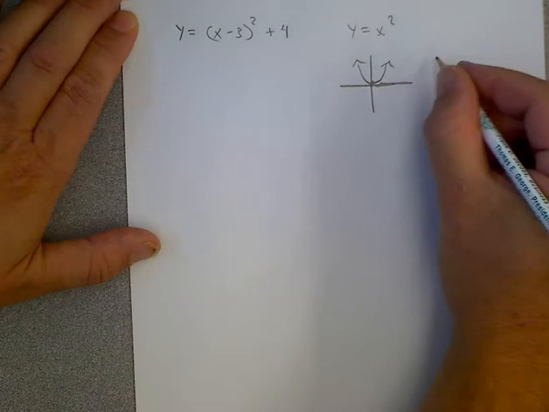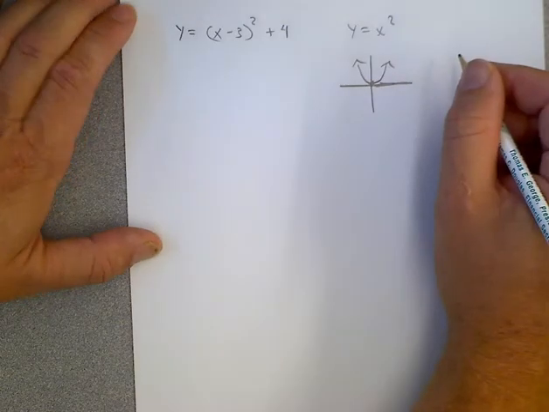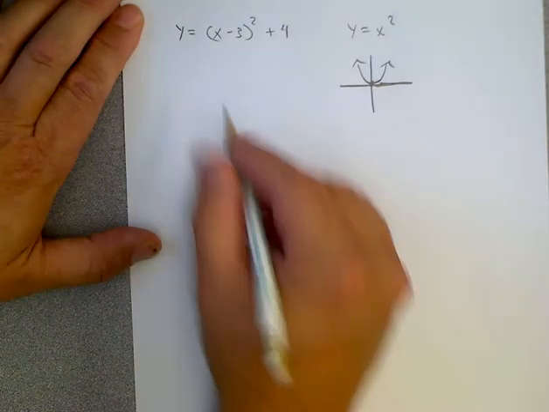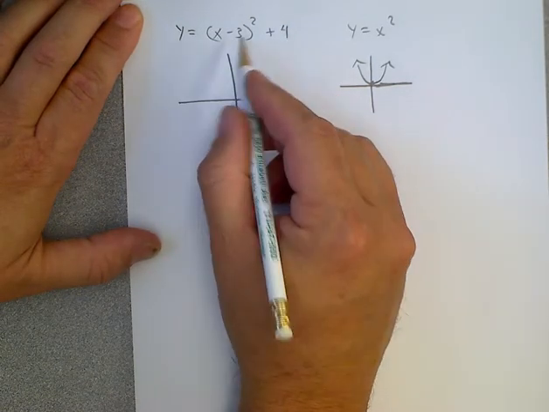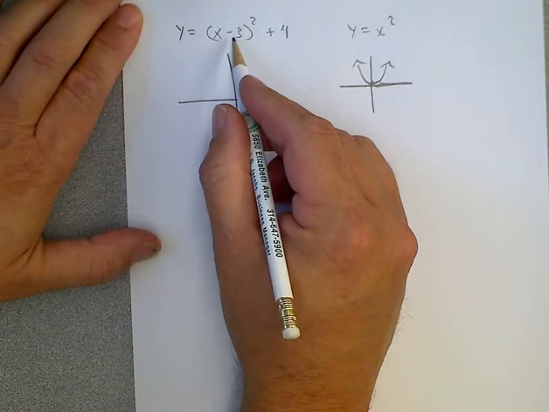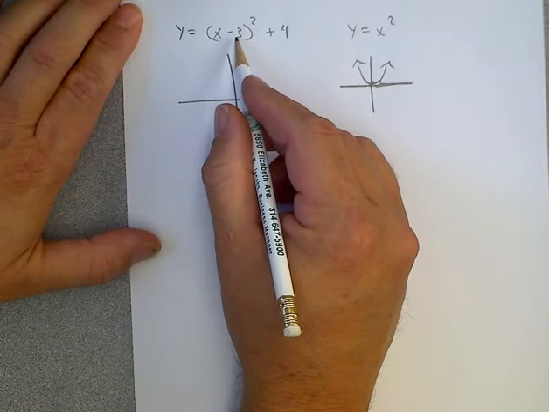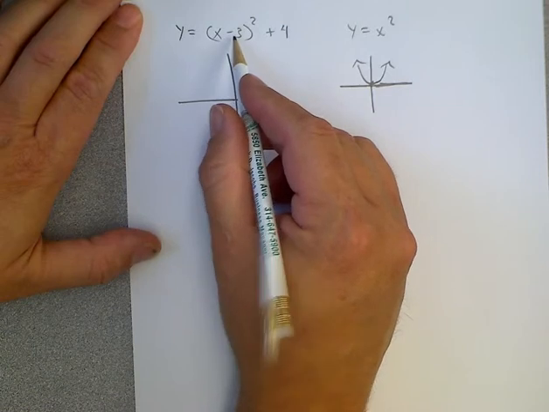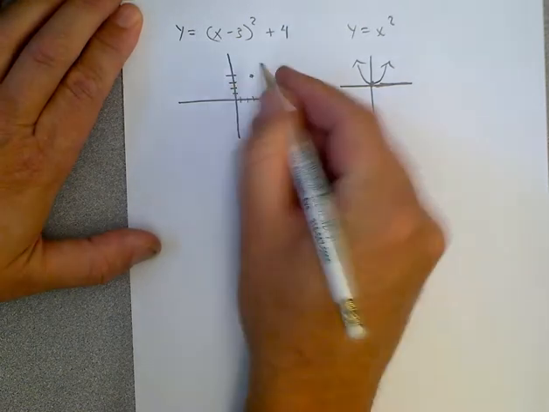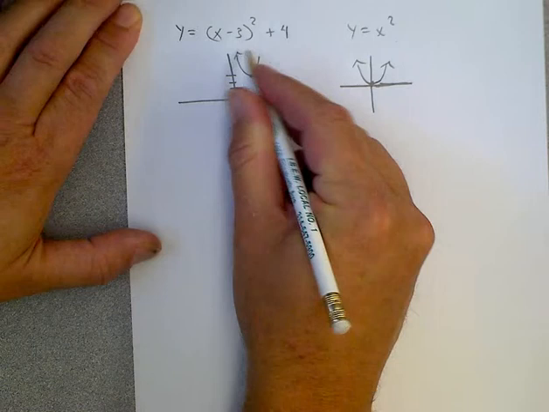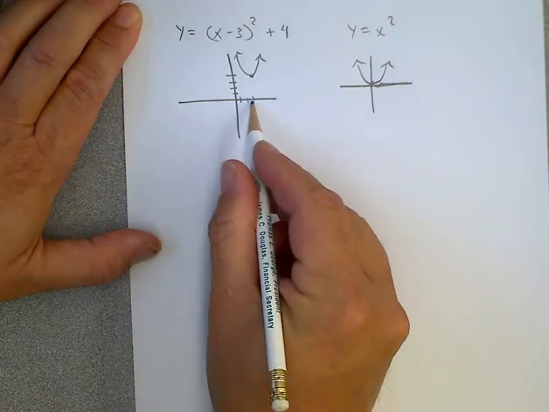We could make an xy chart if we wanted to. But this one, the 4 is going to move it up 4. The minus 3 is going to do the opposite, so it'll go right 3 instead of left 3. 1, 2, 3, 1, 2, 3, 4. There's the vertex, and it opens upwards. It's been shifted right 3, up 4.